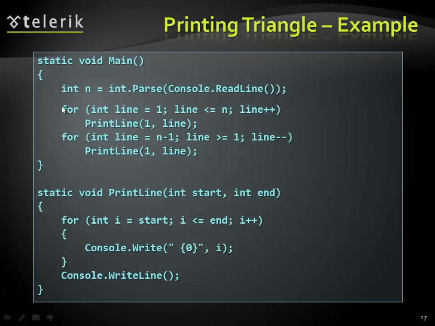So what we have here is a for loop that calls the method every time the loop goes in, and inside the method we have a for loop as well. It's like a nested loop, but the other loop is inside the method call. So once we have a number n, we'll go from 1 to, let's say, 5, and on every line we're counting 1 and then 2 and then 3 and then 4, and every time we'll print a line with console which goes from the first number to the number that we've reached inside the loop.